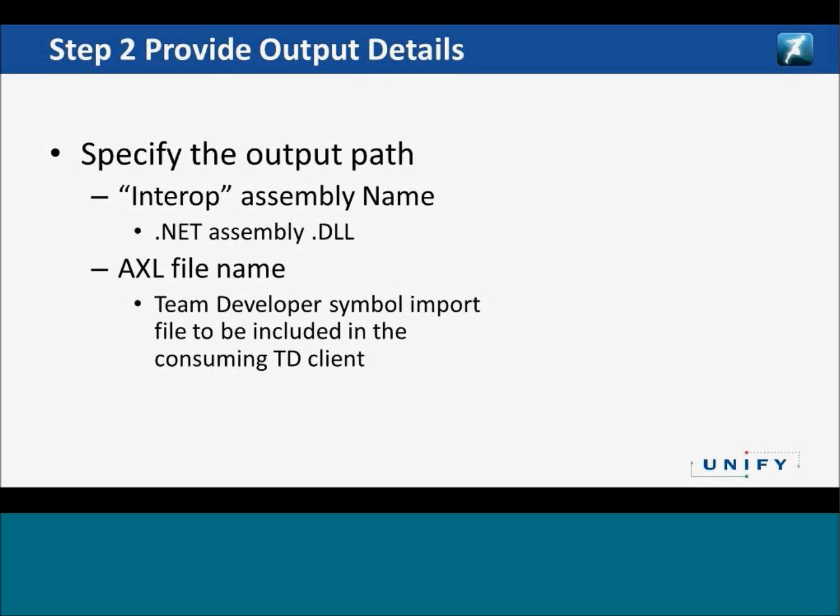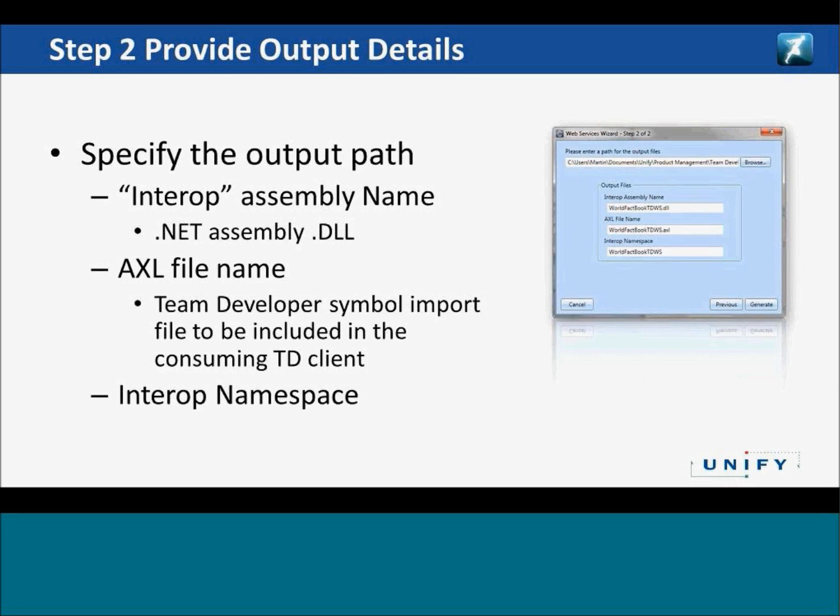That symbol import file is basically an XML definition of all the classes that are available in the web service DLL. With that AXL included, you can directly call web service operations as if they were local functions or local methods of classes. Specify the Interop namespace, as you've seen before, and then press the Generate button.